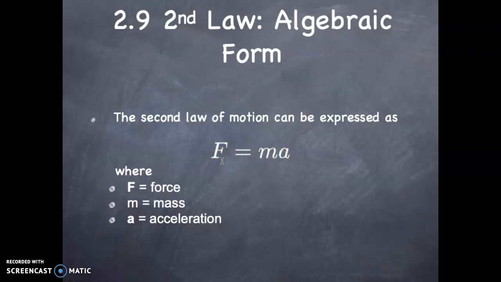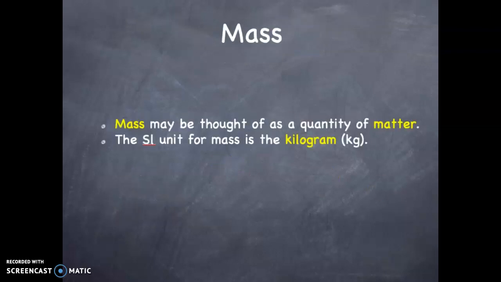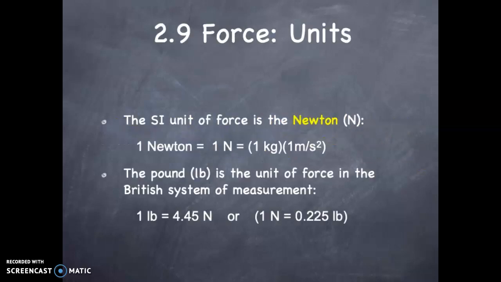Now, in order to really understand what force is, we need to also have a unit for force, and that's going to come up in a moment. So mass may be thought of as a quantity of matter, and the SI unit of mass is the kilogram. We've already said that. So now come to force. All right.